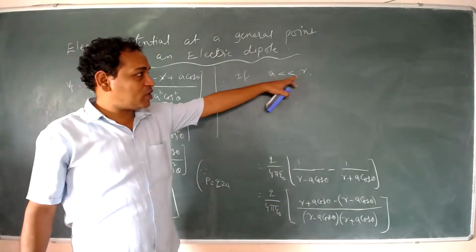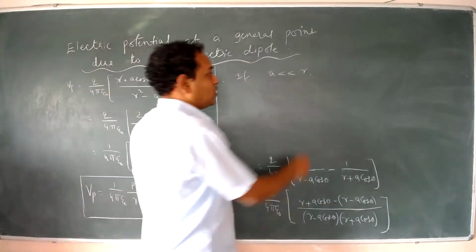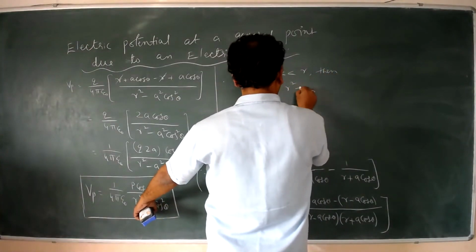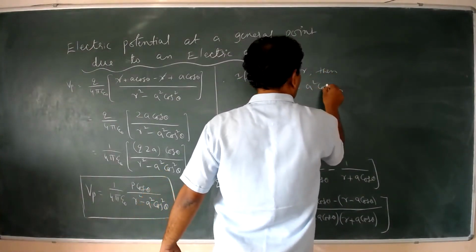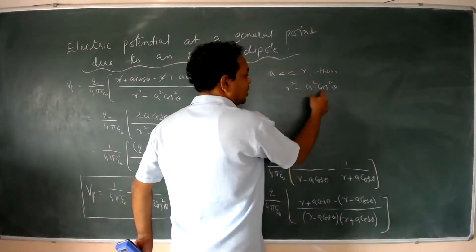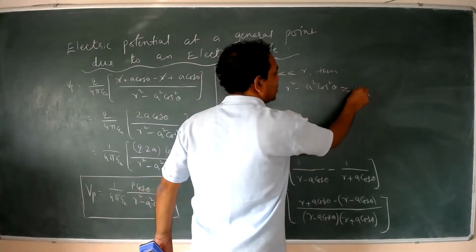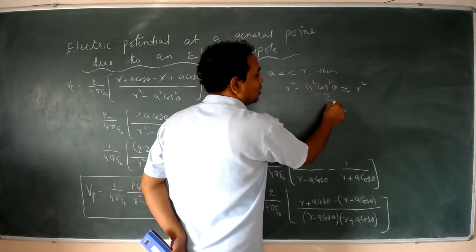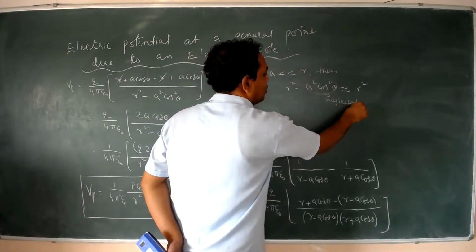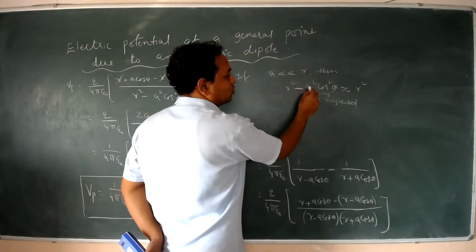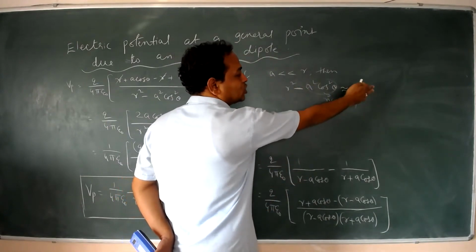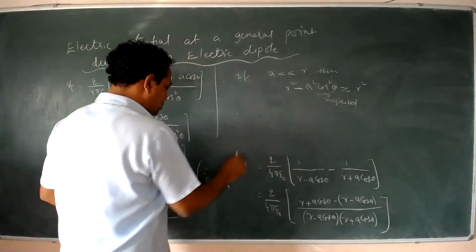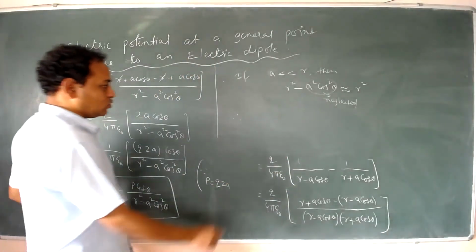If A is very much smaller than R, then this R square minus A square cos square theta can be approximately written as R square only. That means this is neglected. I have written R square minus A square cos square theta as R square only. So therefore, from this equation, now I can write this.